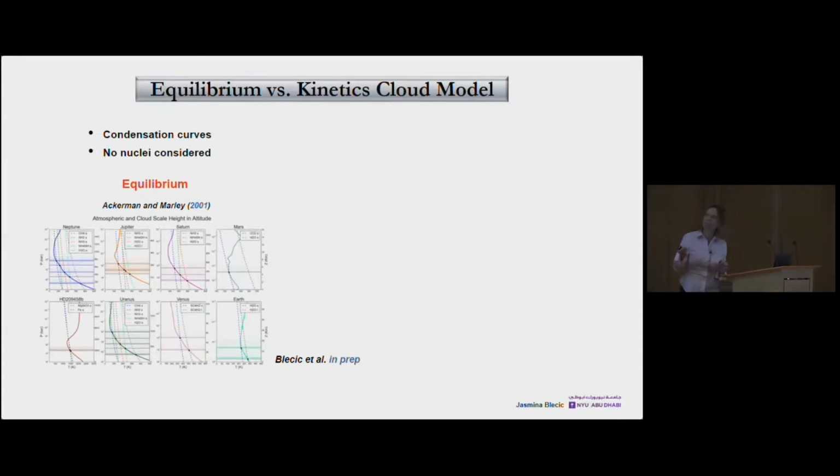What you can see here on this plot are all the clouds that you can see in the solar system planets, which are calculated based on the condensation curves of the species. What is interesting about this approach is that it doesn't consider something fundamental for the formation of clouds, which is the formation of nuclei.